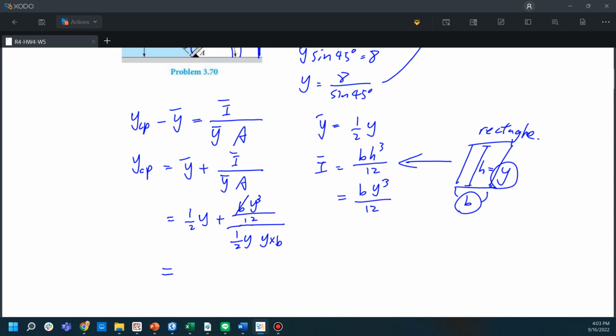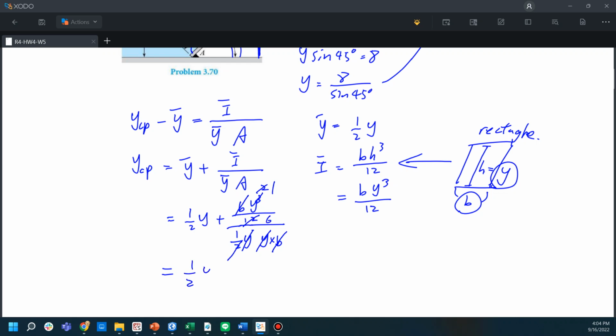b appears in both the numerator and denominator, so we cancel it. Cancel Y, this Y to the power of 2, and cancel Y again to the power of 1. And 12 divided by 2 is 6.